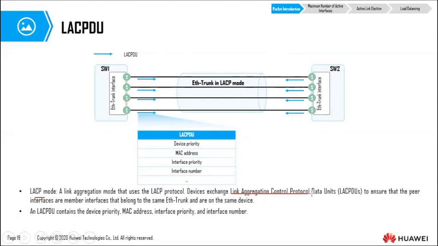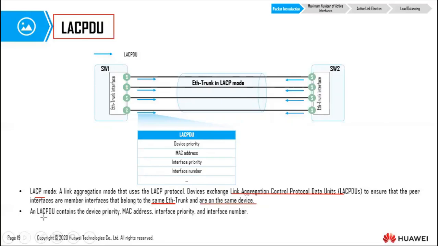Devices exchange LSCP protocol data units, which we're calling LSCPDUs, Link Aggregation Control Protocol data units, to ensure that the peer interfaces are member interfaces that belong to the same Eth trunk and are on the same device.